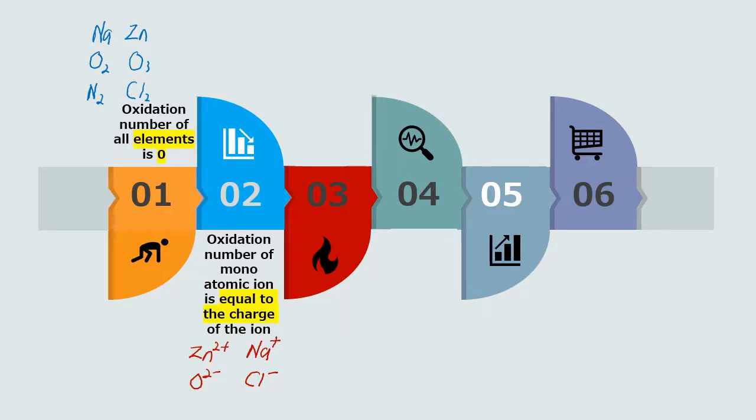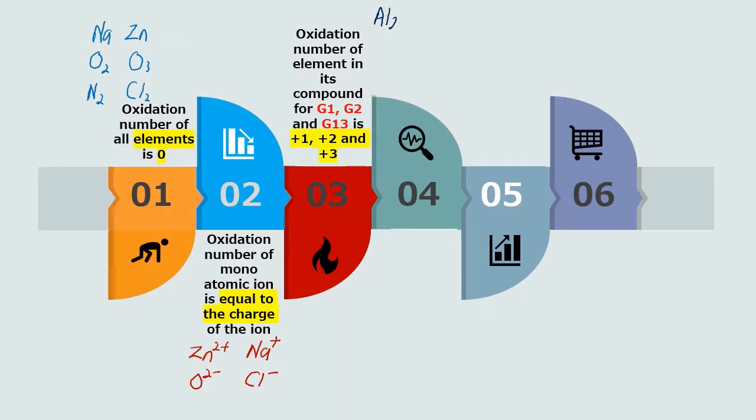Now we move to rule number 3. The oxidation number of elements in their compounds for group 1, 2, and group 13 is +1, +2, and +3. One example of this rule is aluminium oxide. In this compound, we cannot see the charge, but we know aluminium comes from group 13.